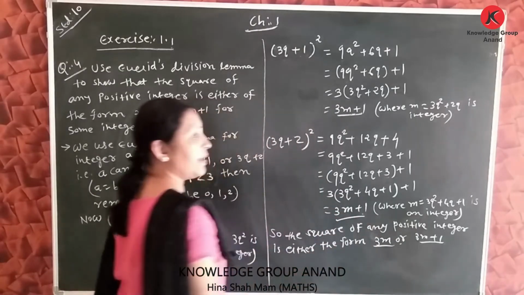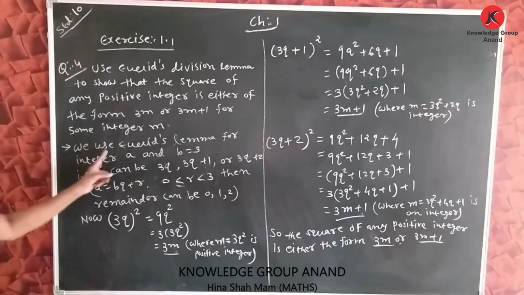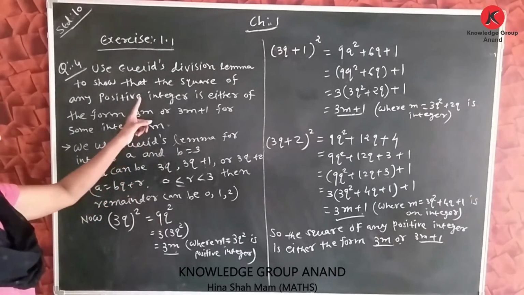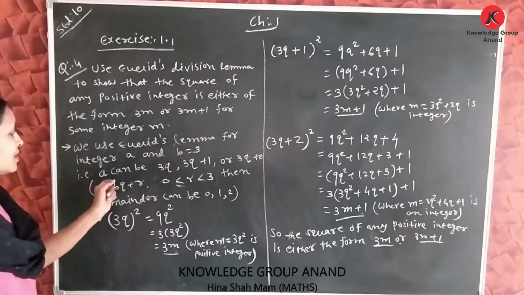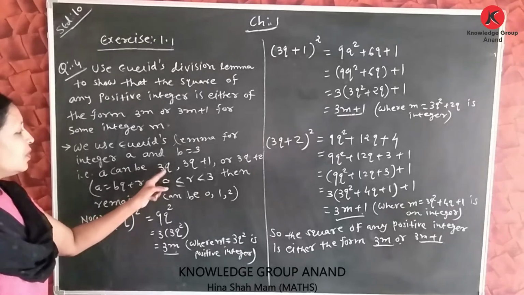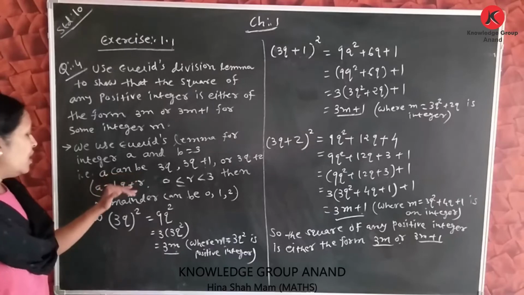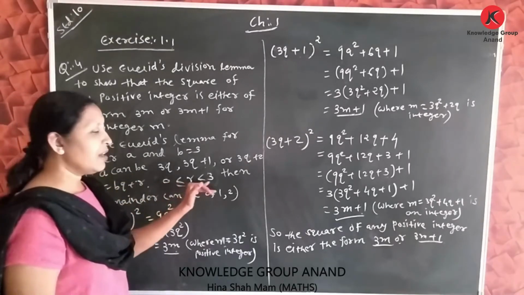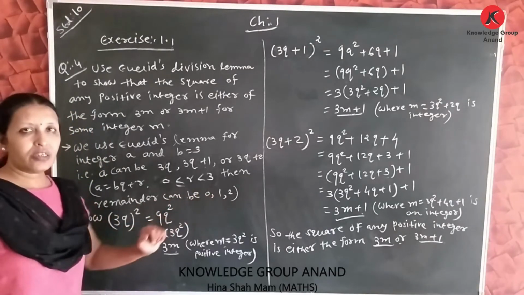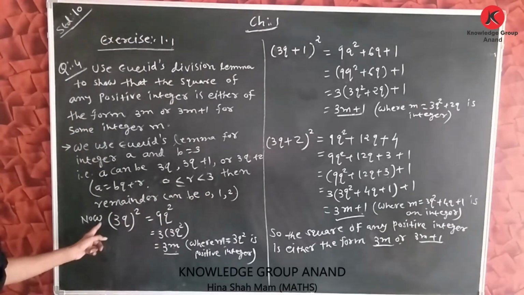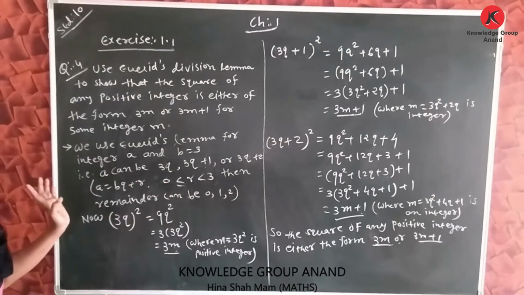We get this form. Again, we use Euclid's lemma for a, a positive integer, and b equal to 3. a can be written as 3q or 3q plus 1 or 3q plus 2, because a is equal to bq plus r, where 0 is less than or equal to r is less than 3, so the remainder can be 0, 1, 2. Now the square of this number is in the form 3m or 3m plus 1.